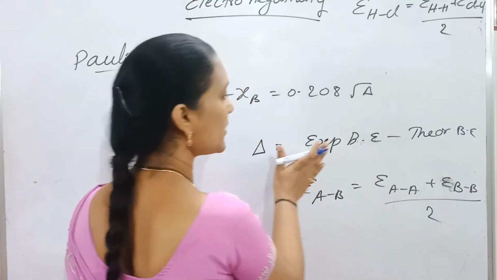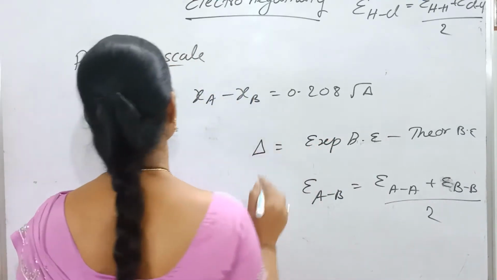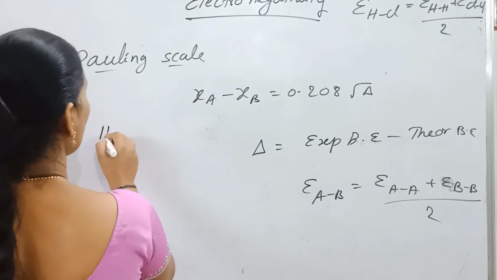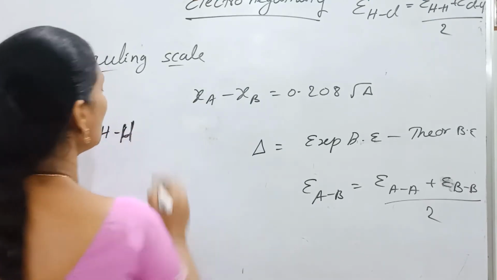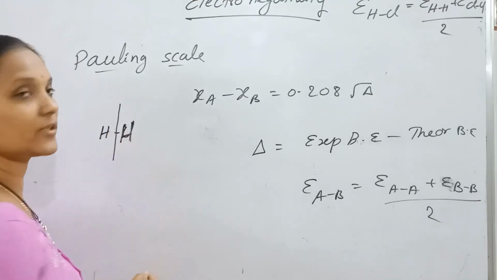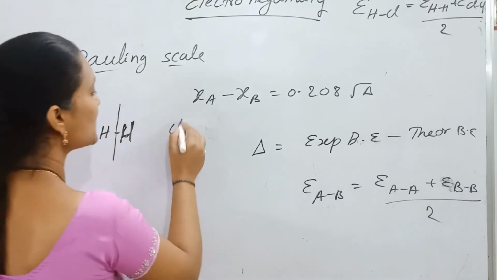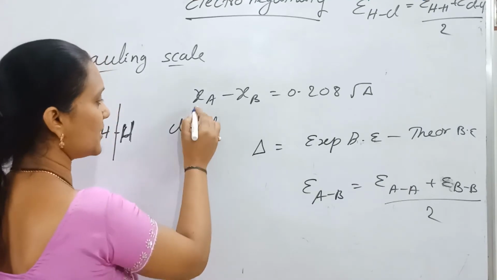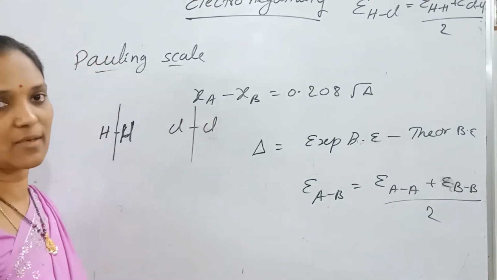But this theoretical bond energy differs from the experimental bond energy. Why does it differ? For example, between two hydrogen atoms some attractive forces are present, and the energy required to break this bond is the hydrogen bond energy. Similarly, in Cl2 attractive forces are present, and breaking that bond gives the Cl bond energy.